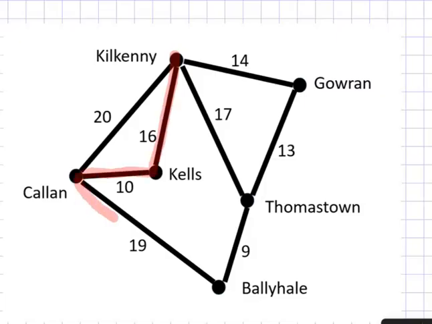We can go to Kells, Callan, Ballyhale, Thomastown, Gowran, and back to Kilkenny, and that costs more than the previous examples, because previously, once I got to Ballyhale or Gowran, I didn't care that I wasn't back where I started. Here I've started and finished at the same place. This is often called the travelling salesman problem, where you have to travel and visit every single node at least once, and get back to your start point.